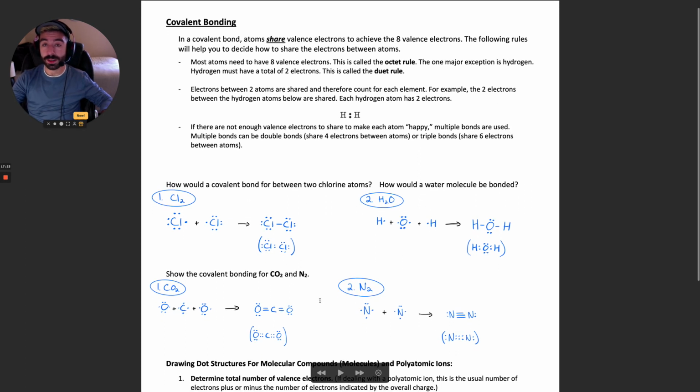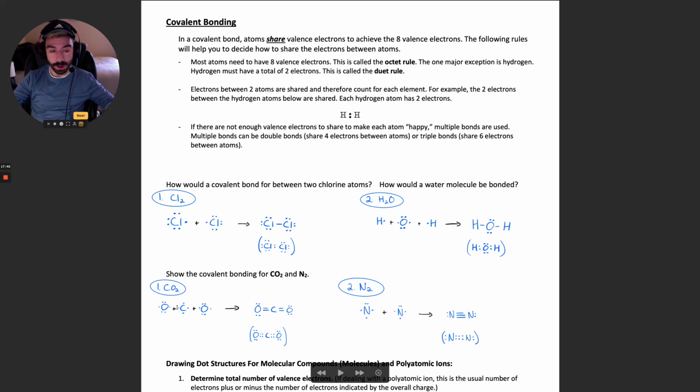Now, covalent bonding can also share more than just 2 electrons. So in carbon dioxide, for example, oxygen has 6, and there's 2 of them. Carbon has 4 valence electrons, and there's just 1. Carbon can form 4 bonds because it has 4 unpaired electrons, and oxygen can each form 2.